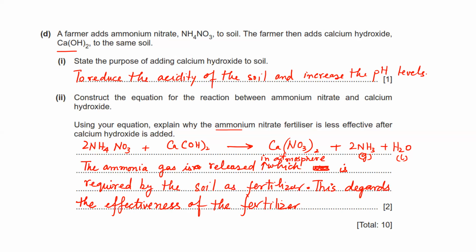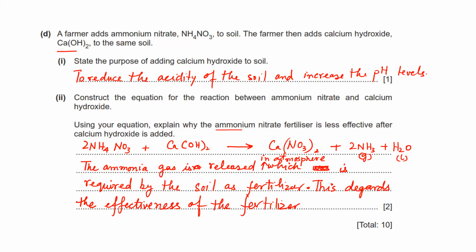So what this reaction is doing is releasing the ammonia from the ammonium nitrate into the atmosphere, thereby decreasing the nitrogen content that is absorbed by the soil, the amount of ammonia that is very rich in nitrogen and is required as fertilizer material by the soil, which was earlier present when ammonium nitrate was used as fertilizer.